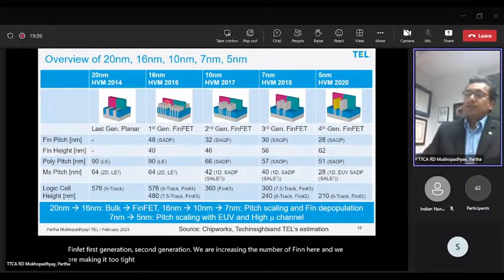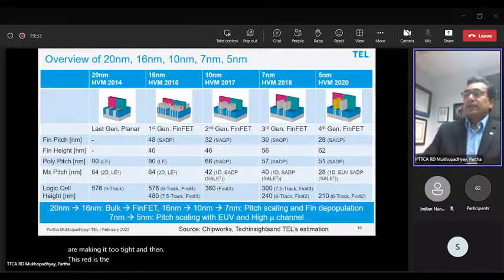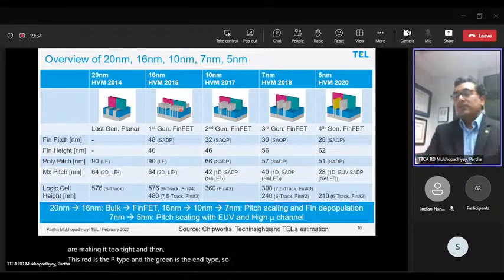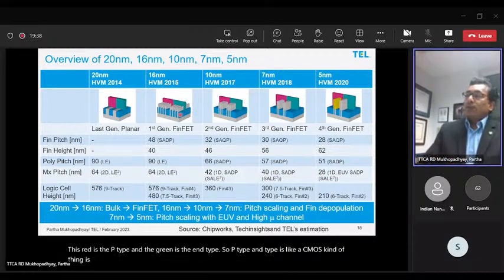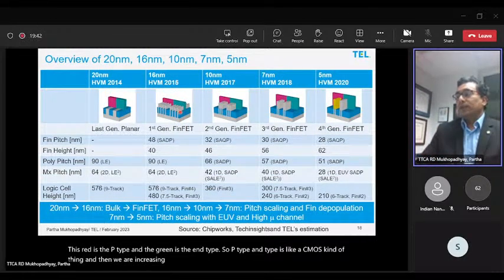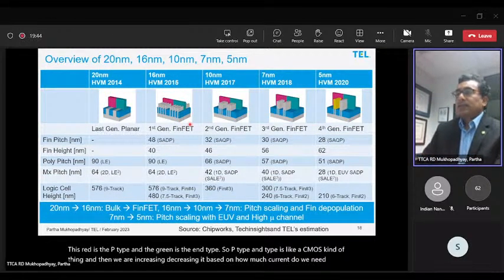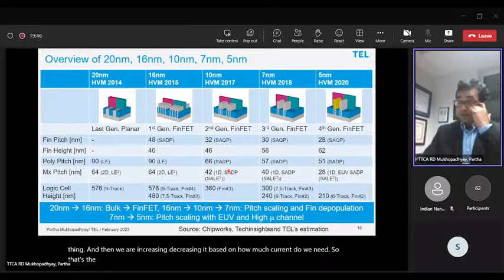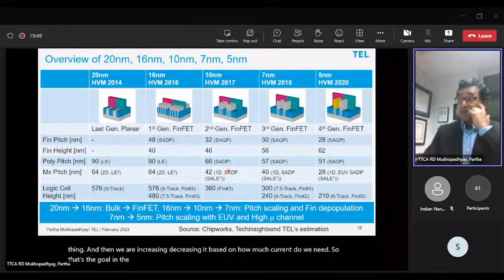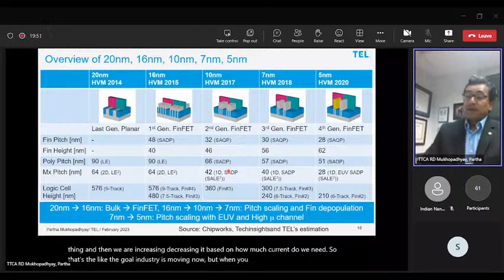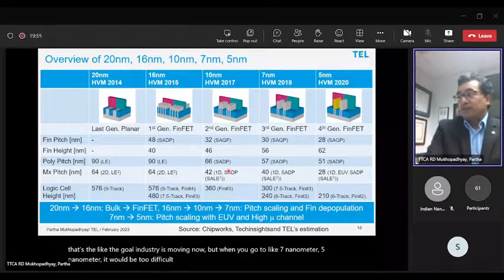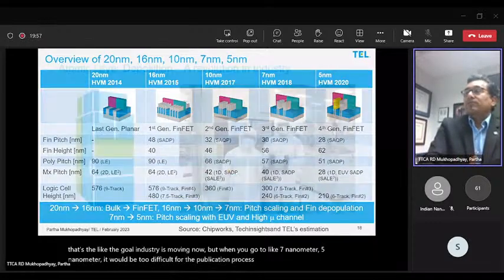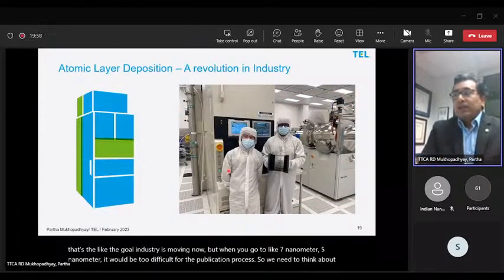This red is the P-type, and green is the N-type. So P-type, N-type is like a CMOS kind of thing. And then we are increasing or decreasing it based on how much current we need. So that's the direction the industry is moving. But when you go to 7 nanometer, 5 nanometer, it becomes too difficult for the fabrication process. So we need to think about something else.